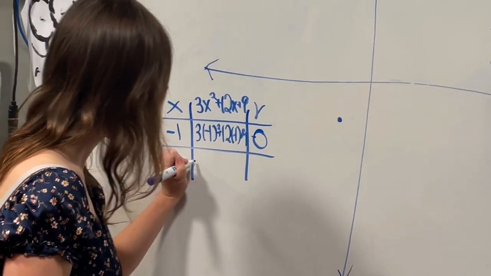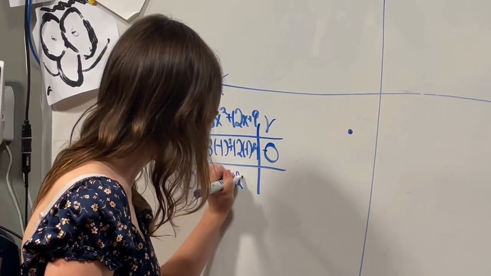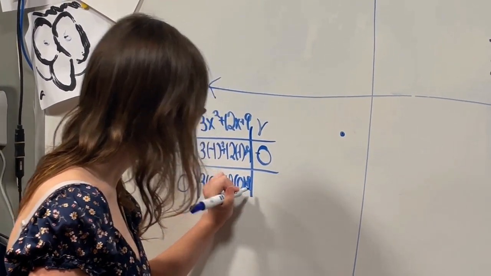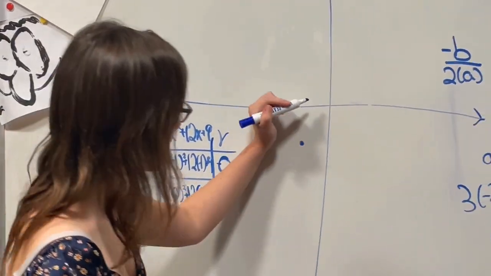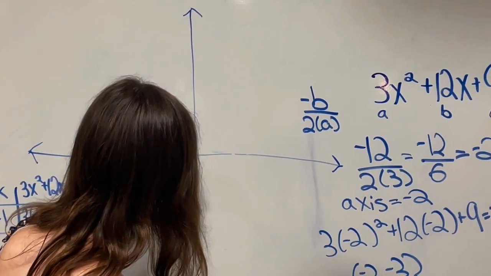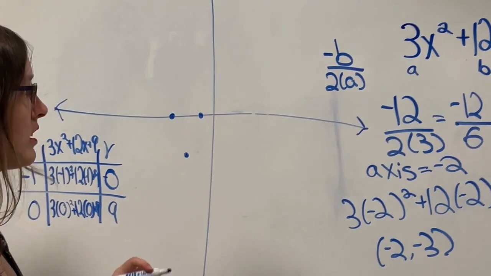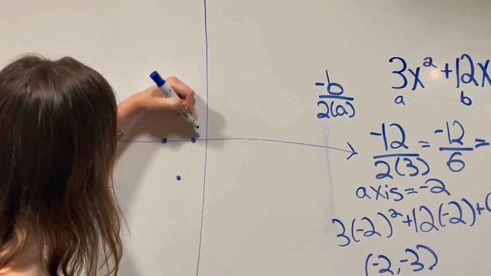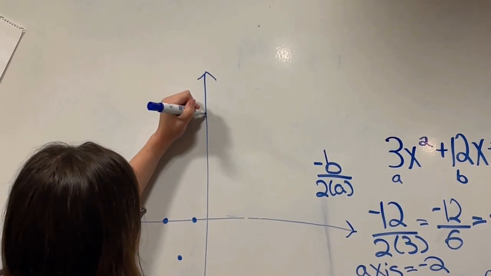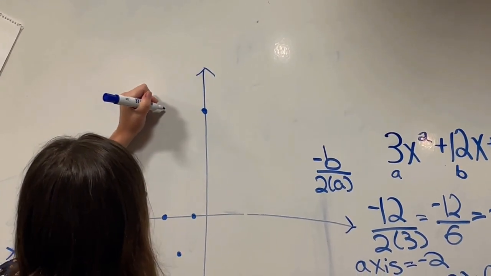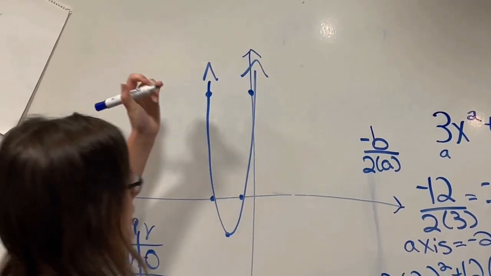And then for 0, we would plug that in, like so, and we would get 9. So we can do negative 1, 0 would be here, and add another one there, and then 0, 9 would be about here, and add another one, and boom, we have our parabola.